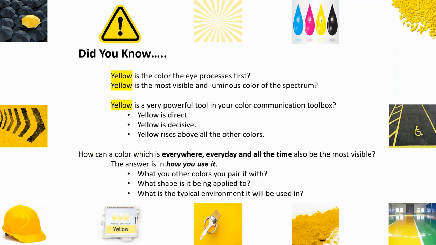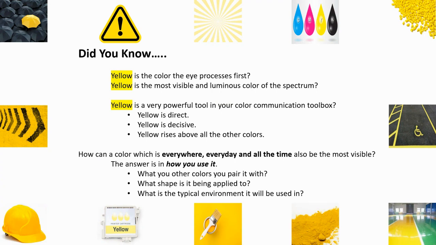It's also very visible and very luminous in comparison to other colors of the spectrum. It's a great tool in your communication toolbox because it is very direct, it's decisive, and because it's very visible, it tends to rise above all the other colors.